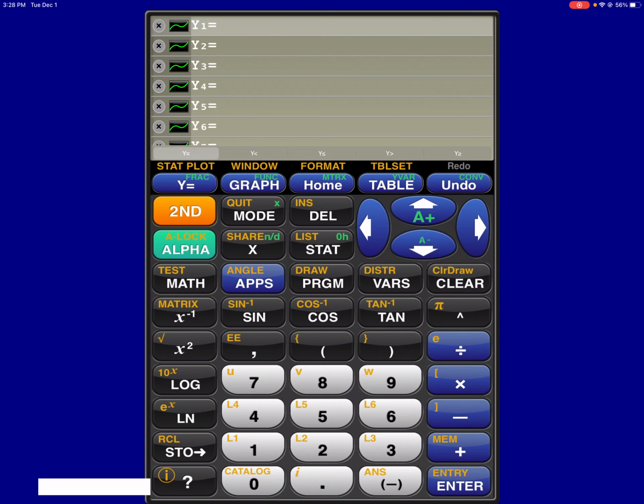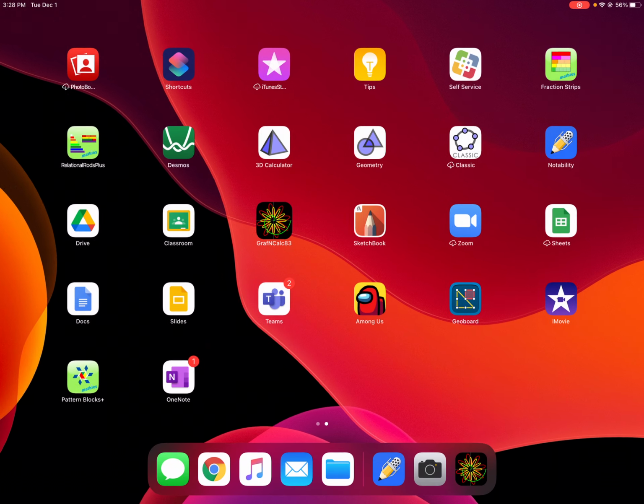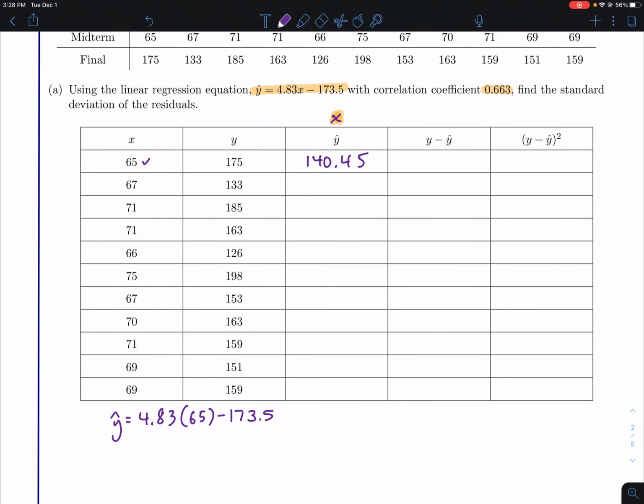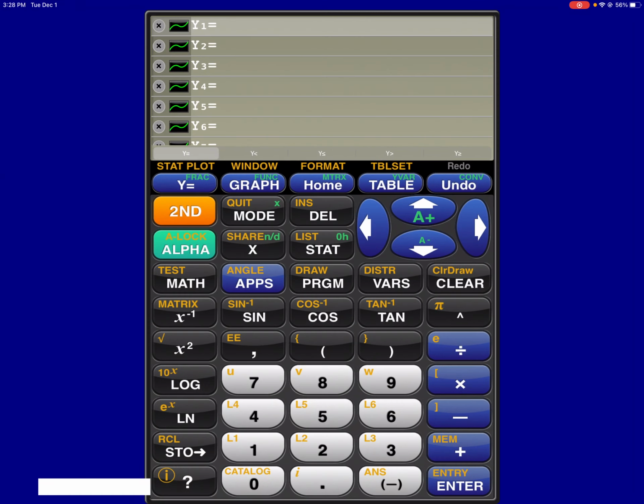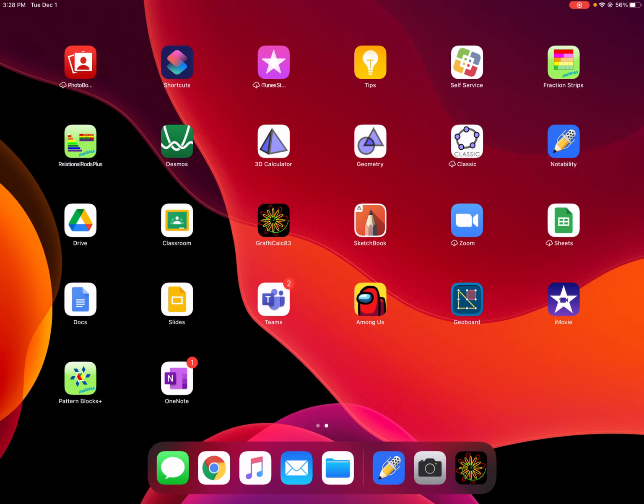I totally forget what the equation was again. 4.83x minus 173.5. And then enter. Let's make sure I got that right before I move on.